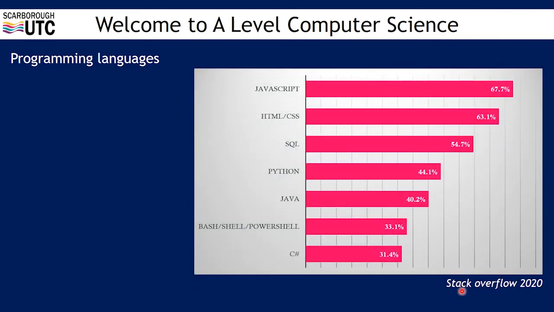Now, if you've never heard of Stack Overflow, that is just a website where professional developers, programmers and the like, go to ask questions about problems that they've got with their code, right? Because don't forget, and this is what people forget when they're starting out learning how to program, they get very frustrated because they come across errors and they think they can't do it and then they give up.